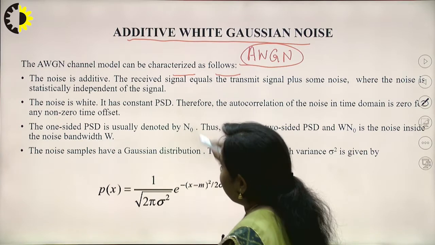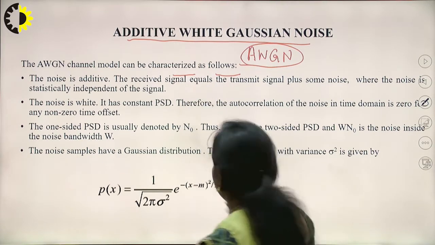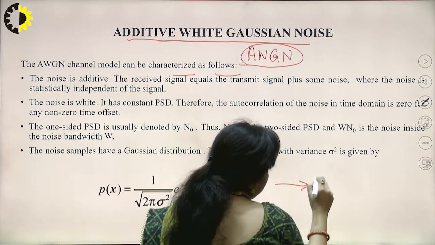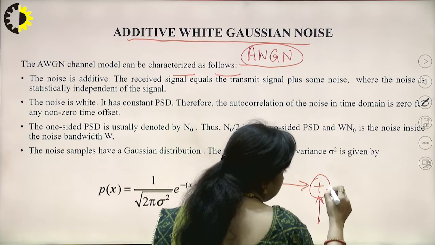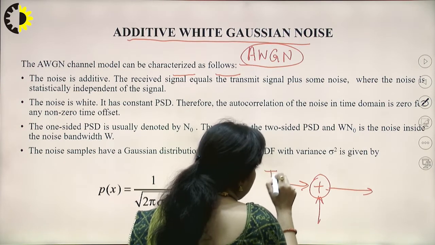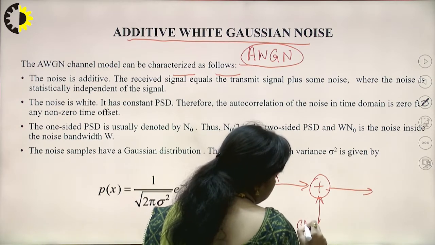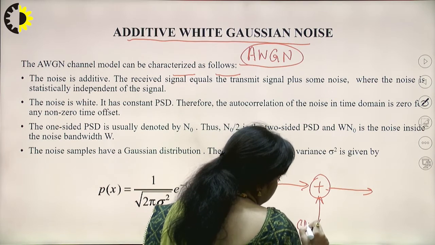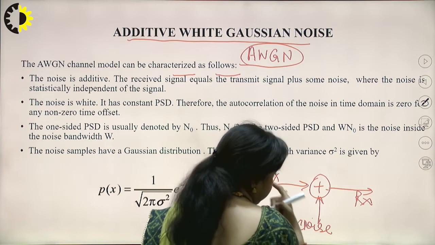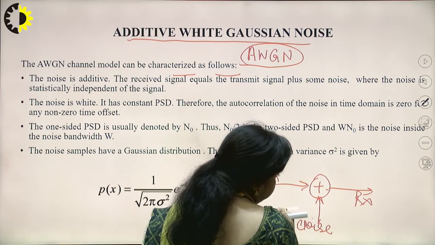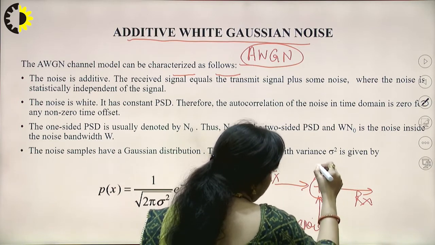The noise is additive in nature because it is written over here. So the model which is designed is like this one, the simplest model I am considering. This is the transmitted signal, this is the noise, this is the received signal, then this is the modulo 2 addition.